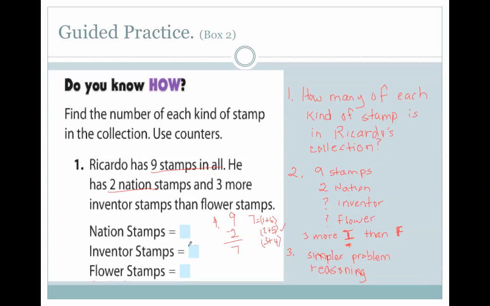So there are 5 inventor and 2 flower stamps. And we already know that there are 2 nation stamps. So I used the simpler problem and reasoning to help me solve this problem. I followed the problem-solving process, steps 1, 2, 3, and 4. And here's my solution, which is step 5.